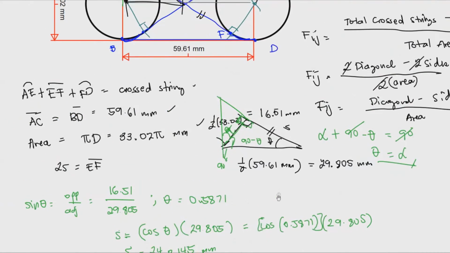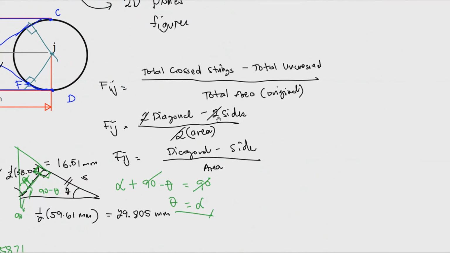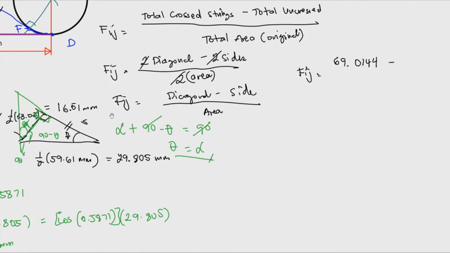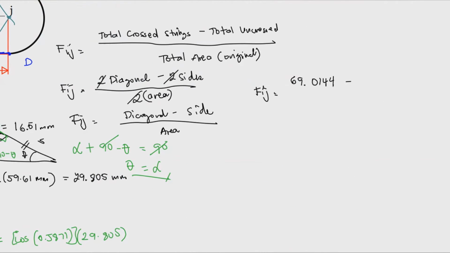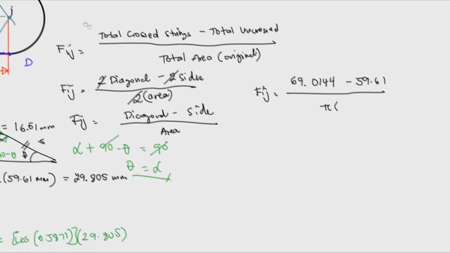So knowing the cross string and its value, we can now substitute that to our formula, which is this one. So Fij is equal to 69.0144, and then subtracted with the total uncrossed. So the total uncrossed is simply this 59.61. So we have here 59.61, and then this is the circumferential area, so that's pi multiplied with the diameter, I think it's 33.02.